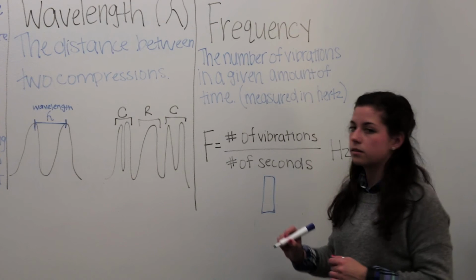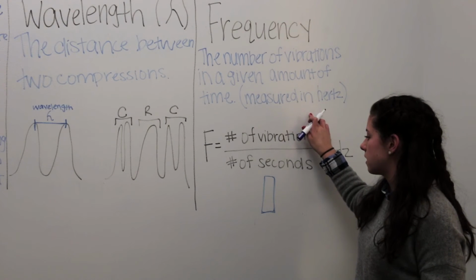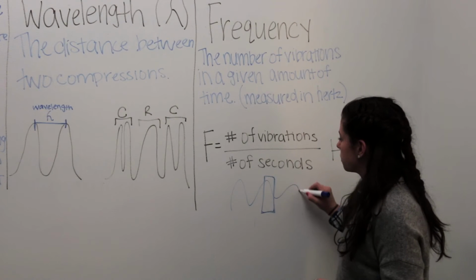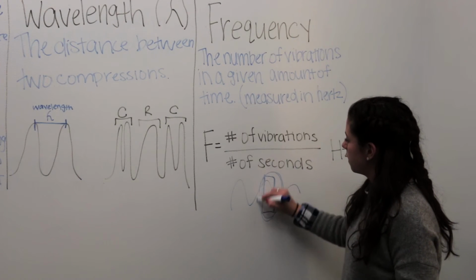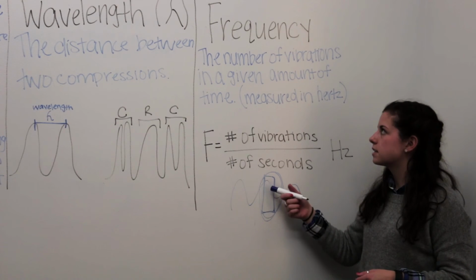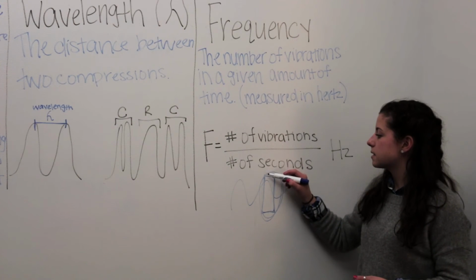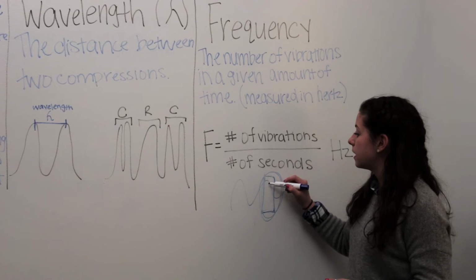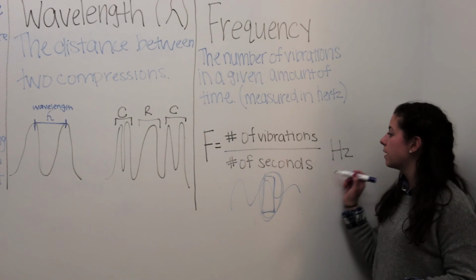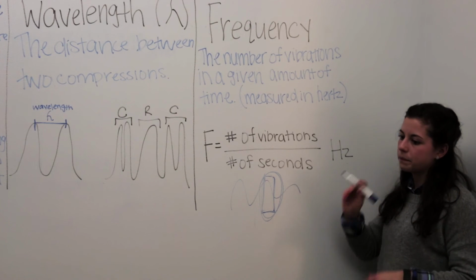When measuring sound and measuring the frequency, how many times the wave passes through this spot in a certain amount of time is going to be the frequency, because it's measured in how many vibrations came through this one spot that they were watching in that certain amount of time, and that will tell you the frequency of sound.